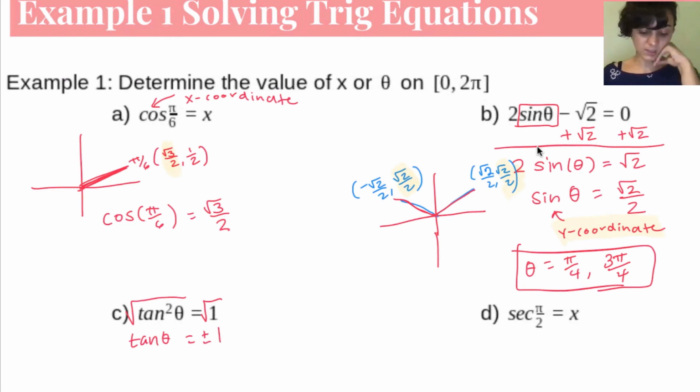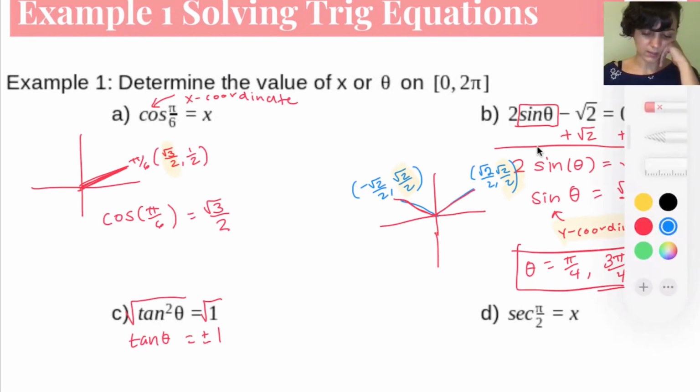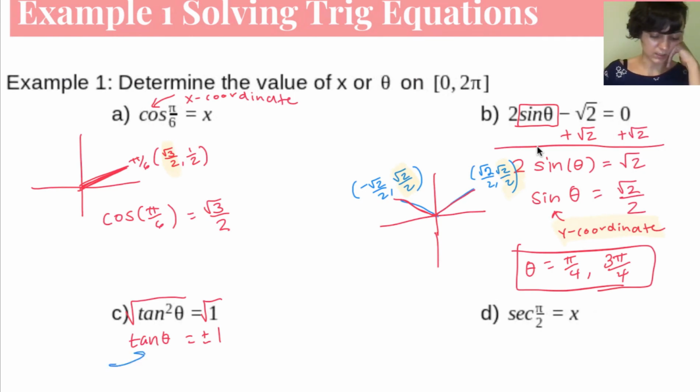So I need to know when tangent of theta is equal to plus or minus 1. I want to remind you that tangent is the ratio of the y coordinate over the x coordinate. So it's a ratio, and I need to figure out where the coordinates for tangent are the same.